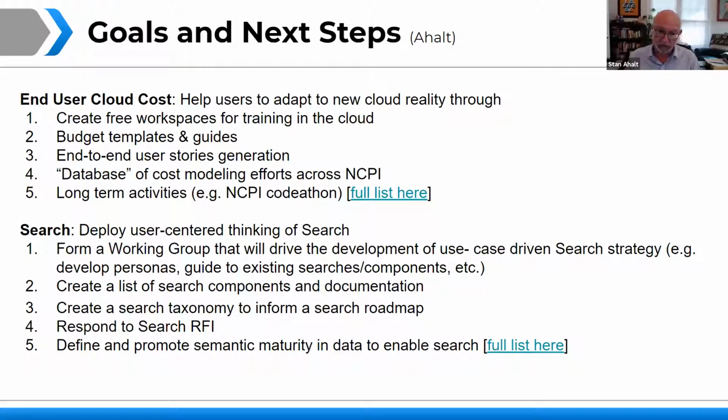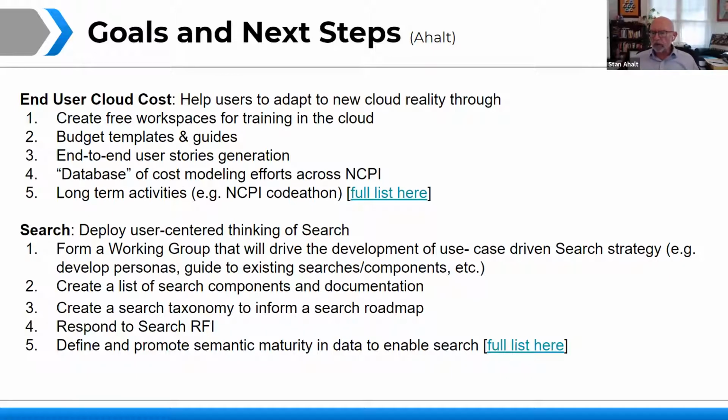And I think it's a fantastic idea to try to create a search taxonomy so that we can inform both a research and a search roadmap. That's not probably terribly easy, but I think it's something really worth spending some time on. And then everybody knows that there's a search RFI on the street.